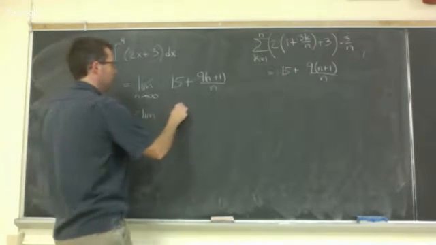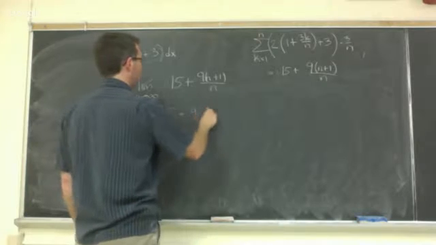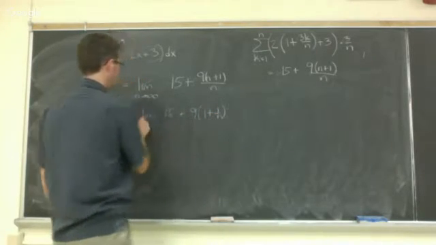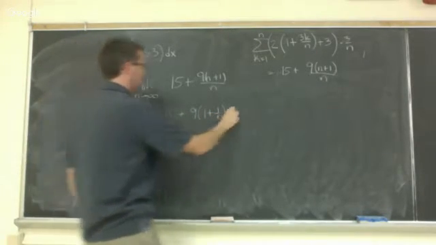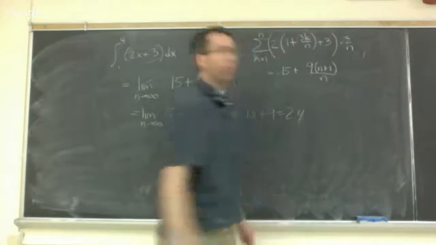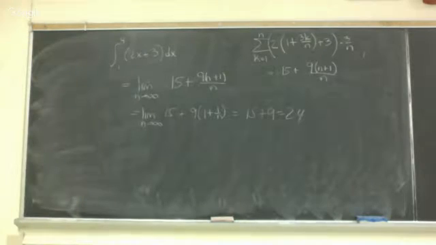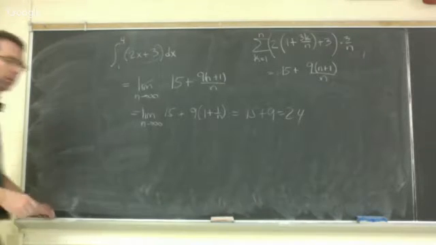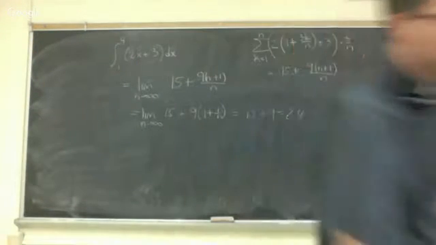So this is going to work out the same as last time. 9 times 1 plus 1 over n. And n goes to infinity. I'll get 15 plus 9 is 24. So that's how I get the value of the integral using a Riemann sum. We have a different way of doing this one, but that's how I would do it using this strategy.